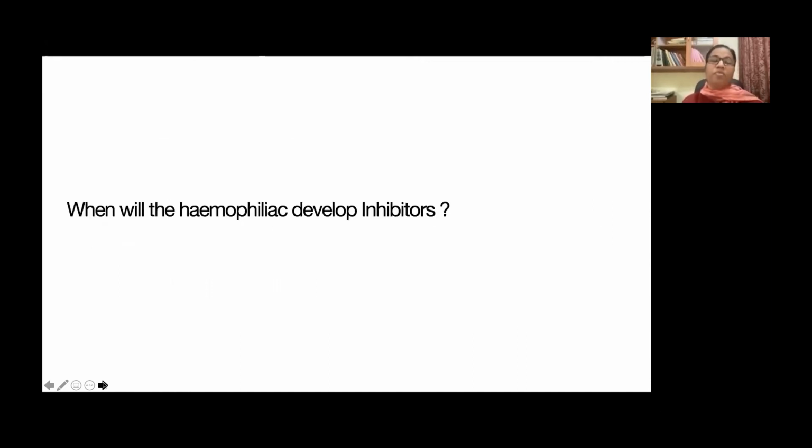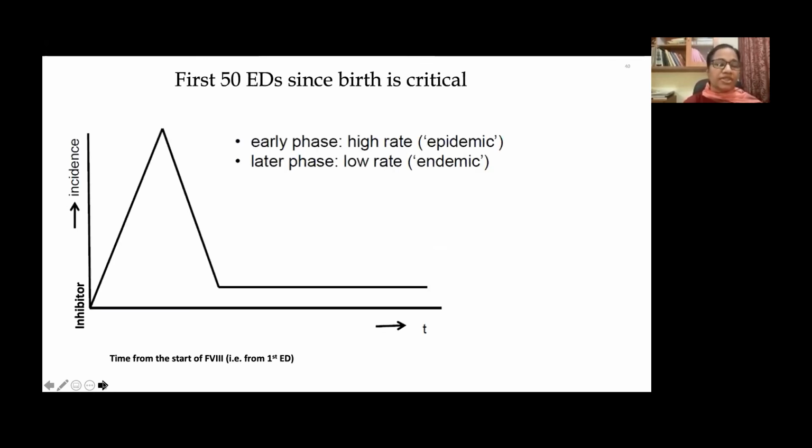And when will the hemophiliac develop inhibitors? This is also very important because even our factor is different before 50 exposure days and after 50 exposure days. So the time of development is the first 50 exposure days. That is crucial. Starting from birth, in the first 0 to 50 exposure days, in 30% of the patients the inhibitor develops.